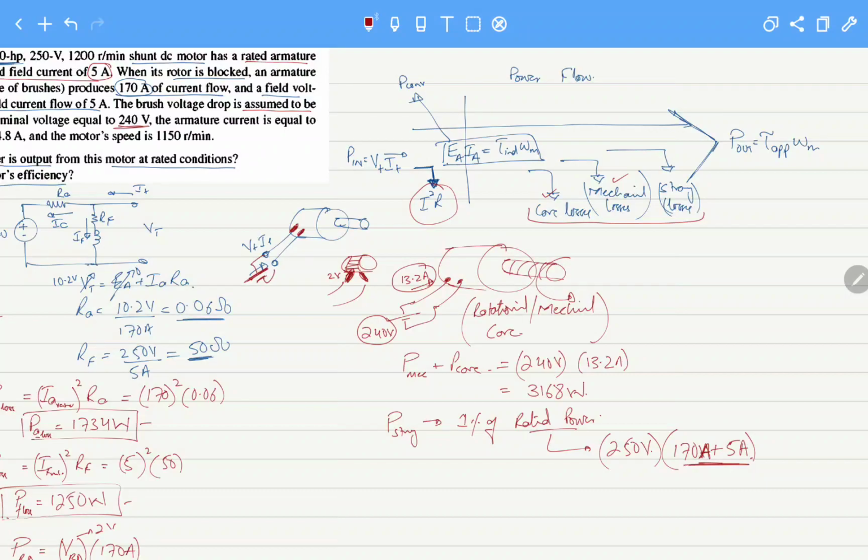This is equal to the terminal current I terminal, 175 amperes.